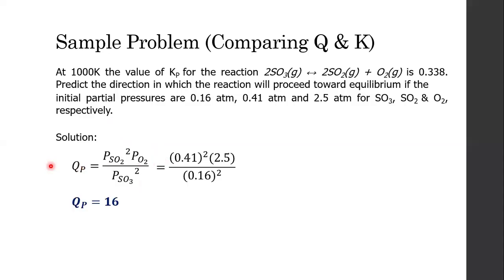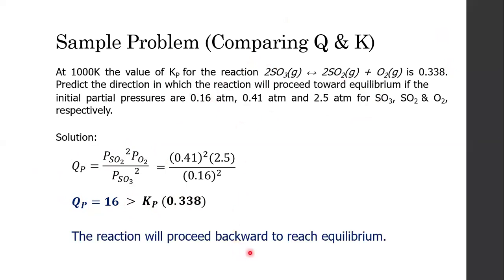And we press the equal sign. So we'll get Qp equal to 16. Now, compare this value with the given Kp value, which is 0.338. So Qp is greater than Kp. And with this, we can conclude that given these initial partial pressures, the system should proceed backward.